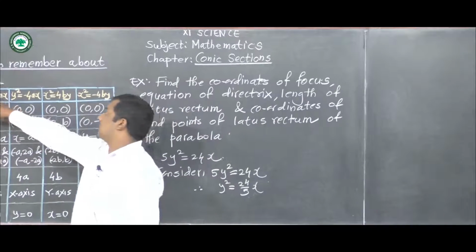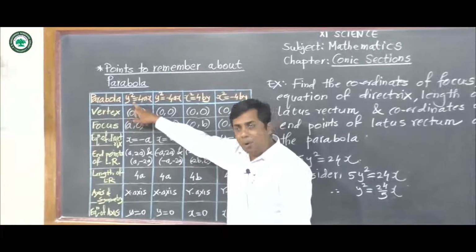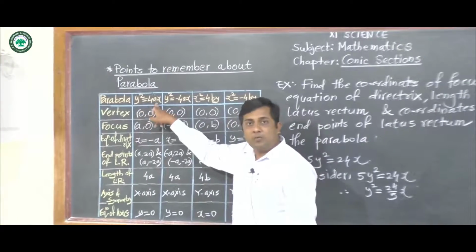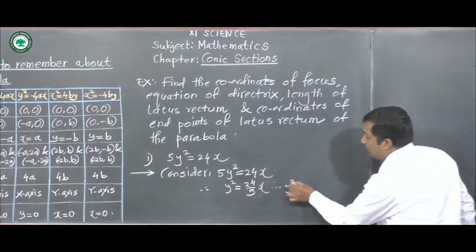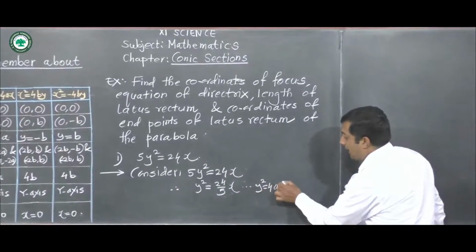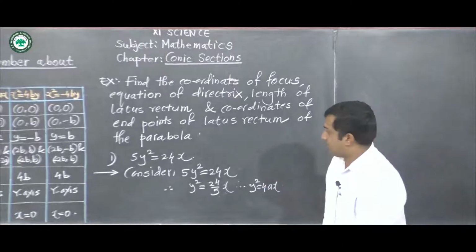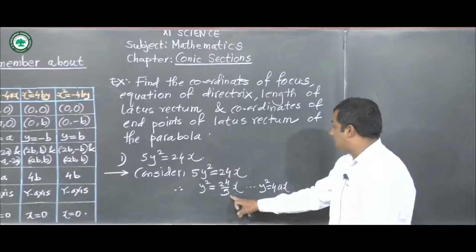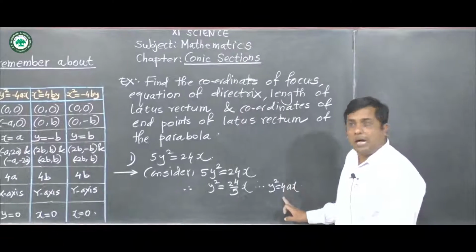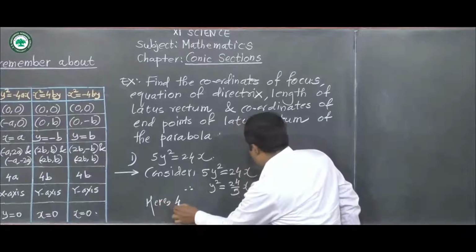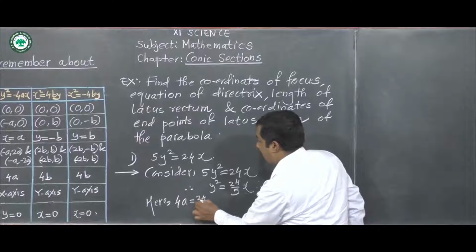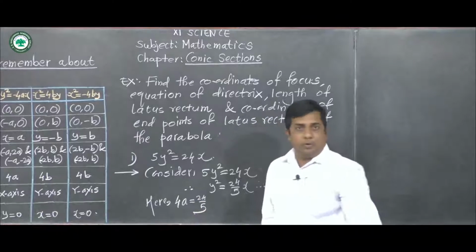Remember our first standard form of the parabola is y square is equal to 4ax, and this equation is of the form y square is equal to 4ax. Let's compare this equation with our standard parabola. Then we get 4a is equal to 24 by 5.